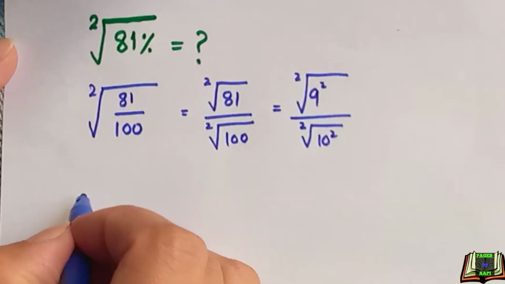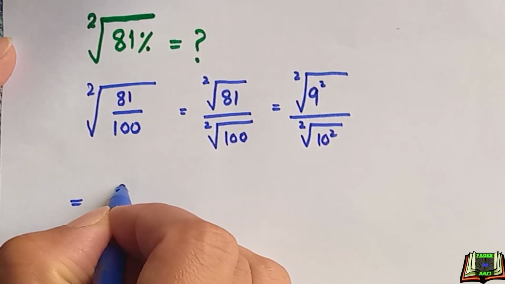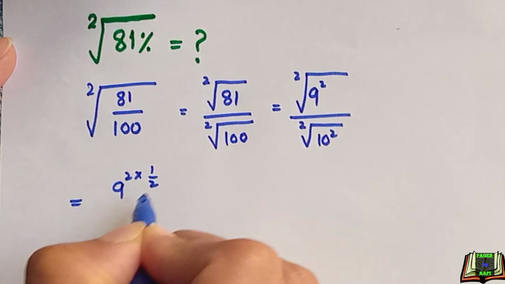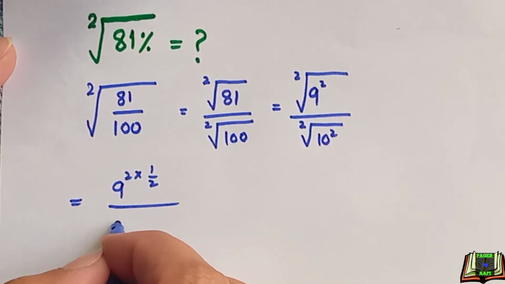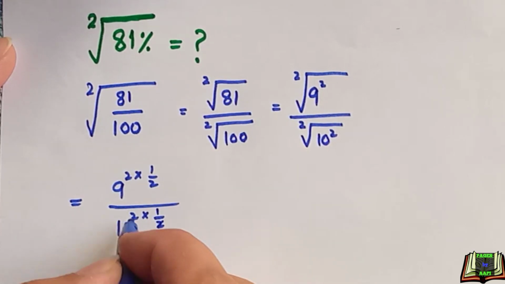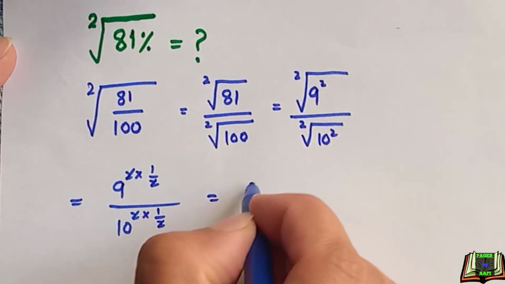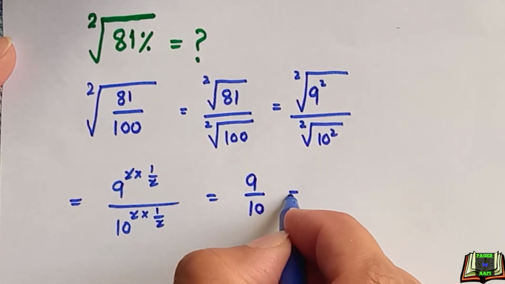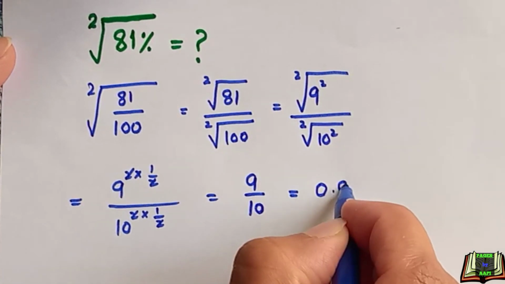Now this is equal to 9 to the power 2 times 1 over 2, and 10 to the power 2 times 1 over 2. This 2 and this 2 will be cancelled out. We are left with 9 over 10, which is equal to 0.9.